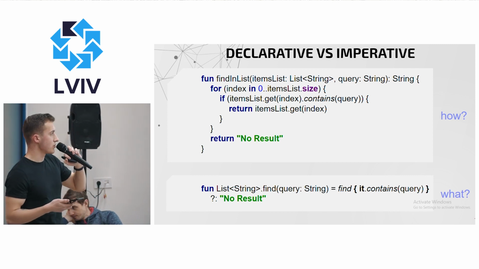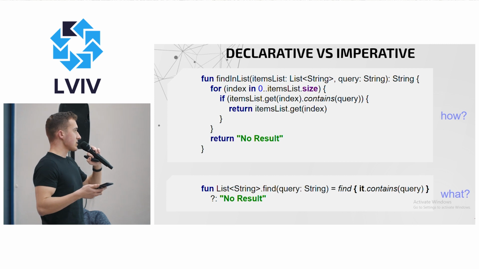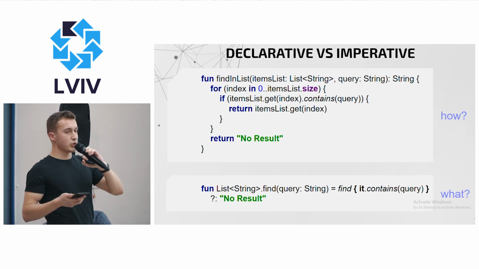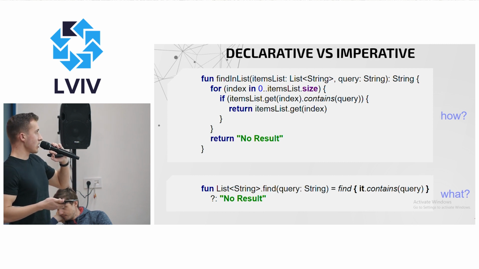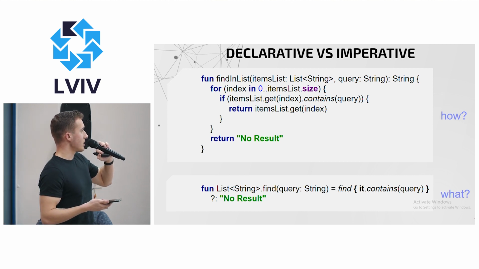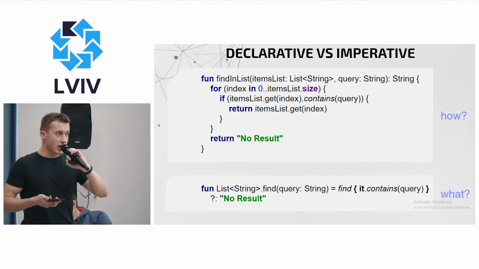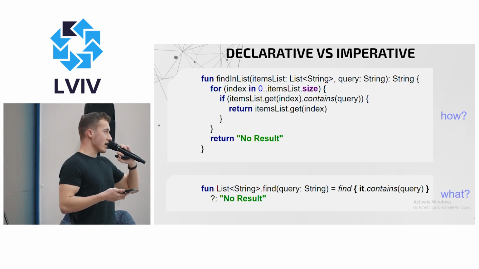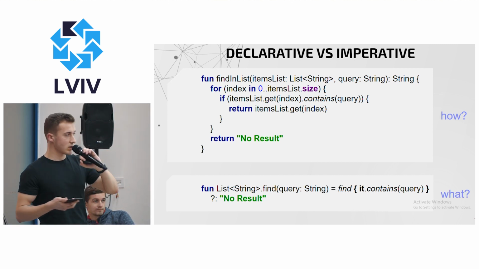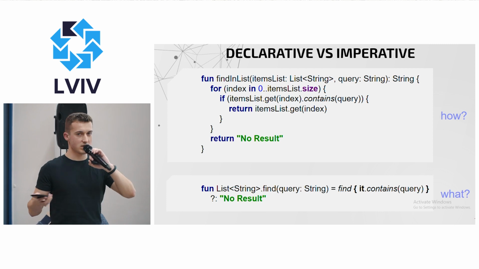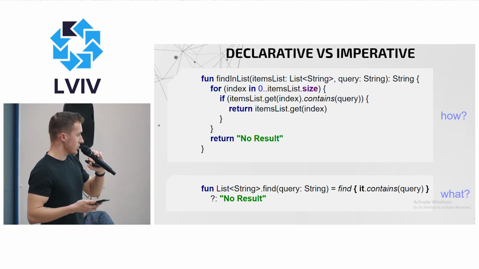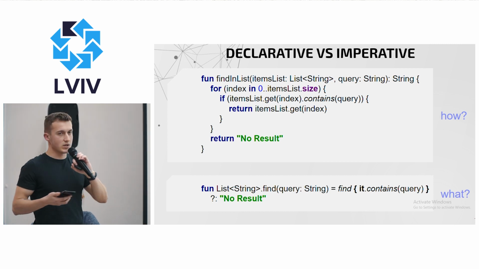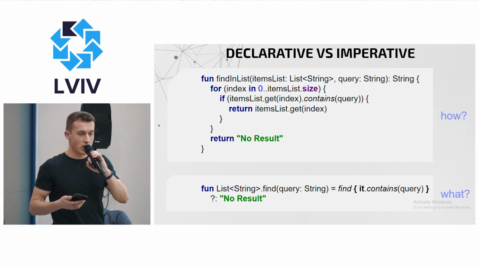Then we return this object. We just say how to find something in a list. But how would it look in the declarative way? In the declarative way, we just say find and what? And that's all. We don't really care how it works under the hood. We just say what we want to achieve.